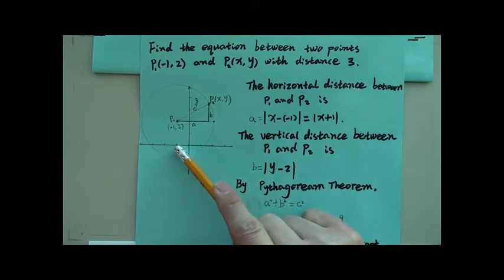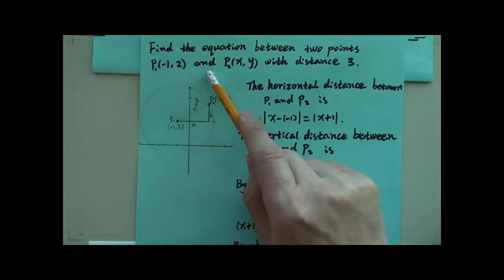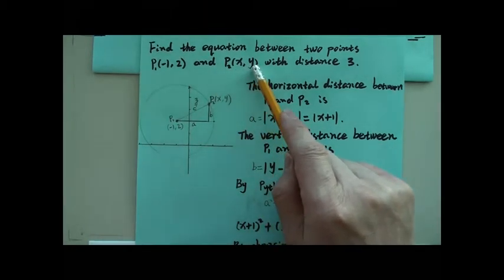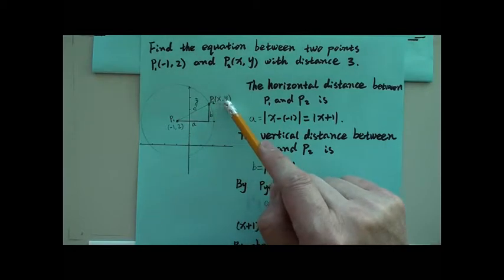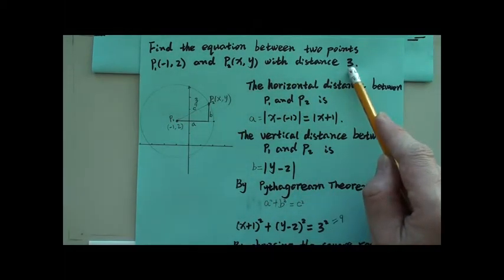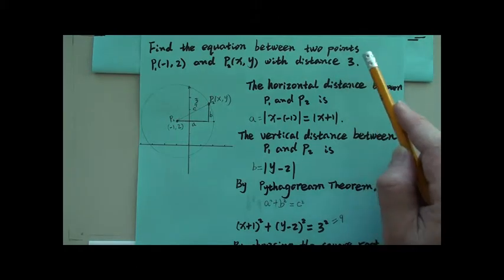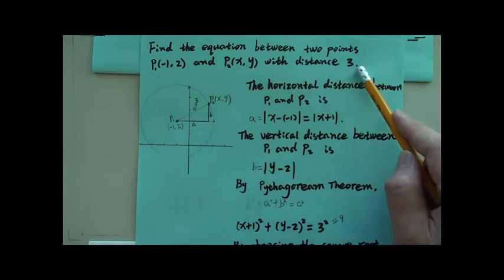Negative 1 is on the left, 2 units up. So this is P1. And P2 is just x, y, so it can be anywhere. So P2 is x, y with distance 3. So we want to find an equation between 2 points with distance 3.